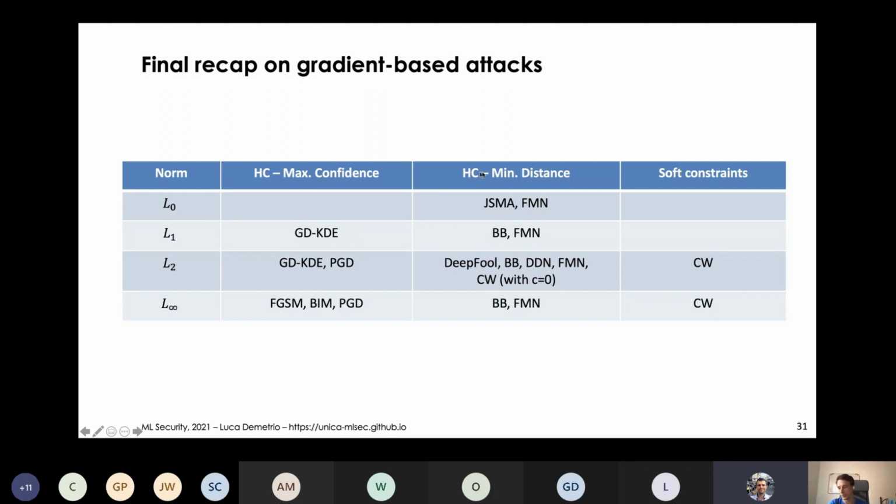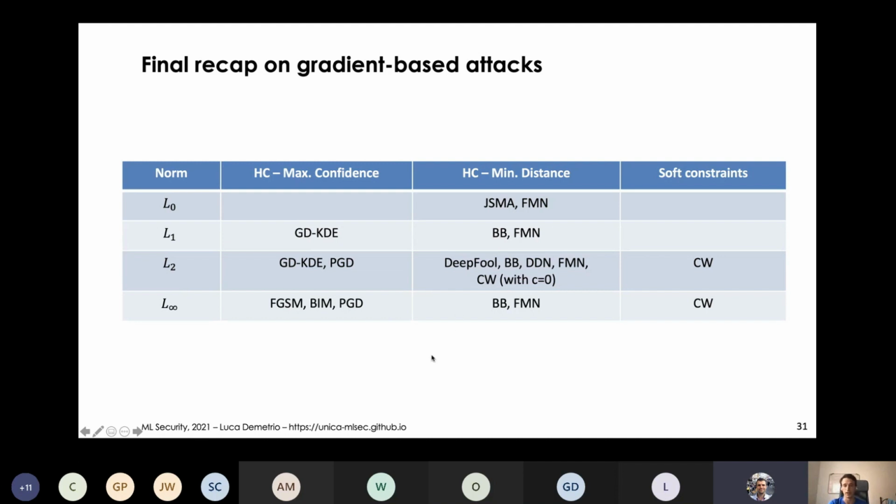They are both minimum distance because they try to minimize the perturbation. Then for L1, you have gradient descent with kernel density estimator, the Brendel and Bethge attack, and again FMN. And then you have all of the others. So for the L2 norm and minimum distance, you have DeepFool and all of these guys here.